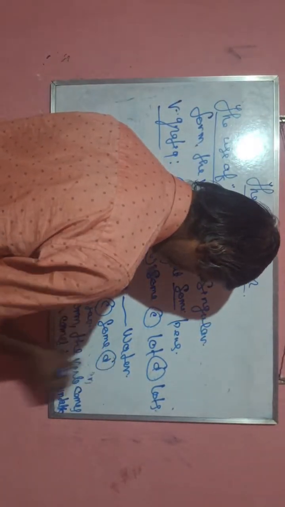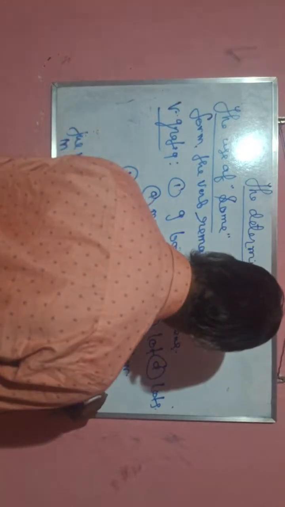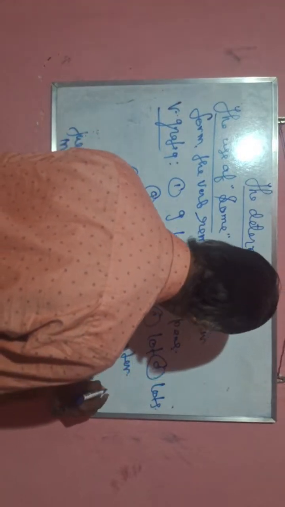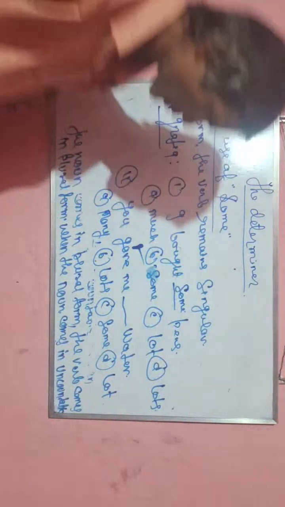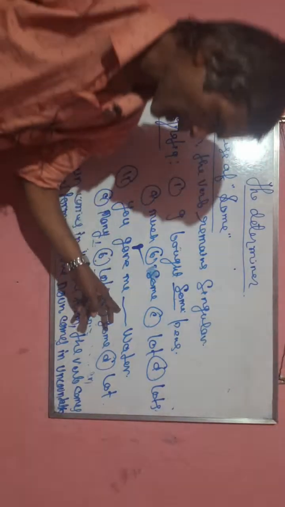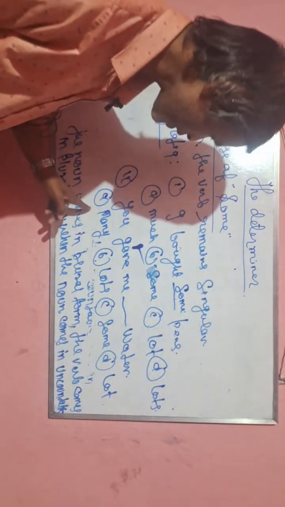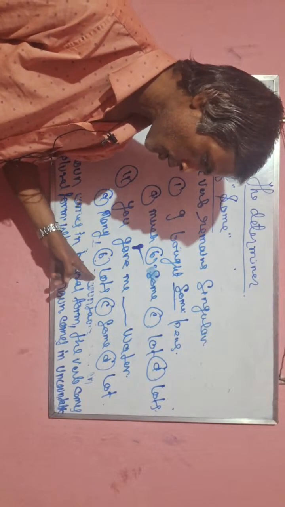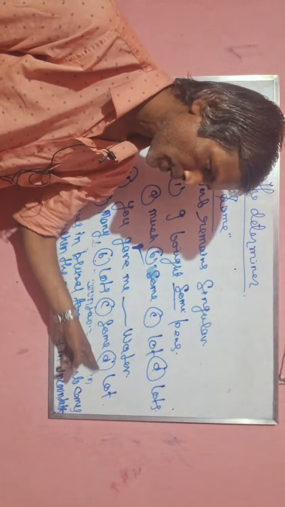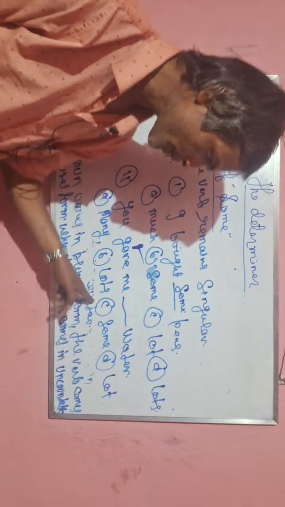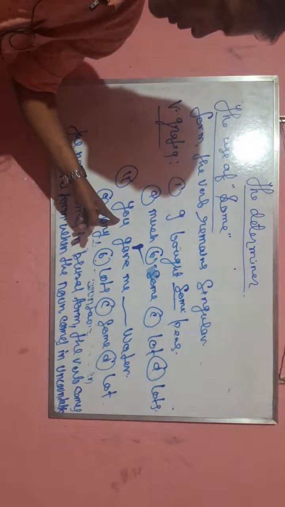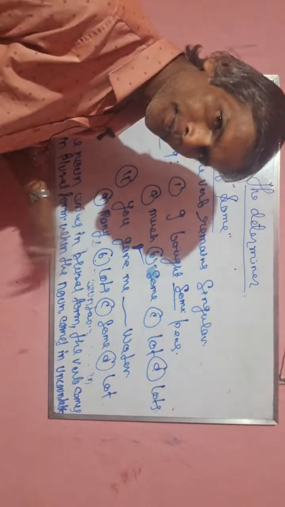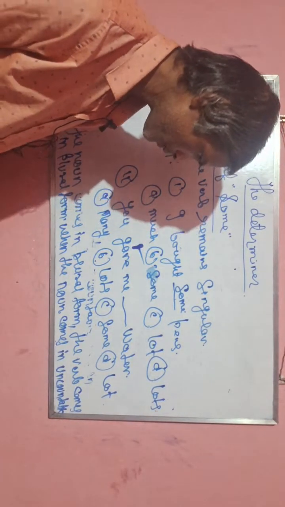Option D, lot. The first option includes many, the second option includes lots, the option C includes some, option D includes lot. There are four options of a single example. Which option do you select? Which option is the best? Some.